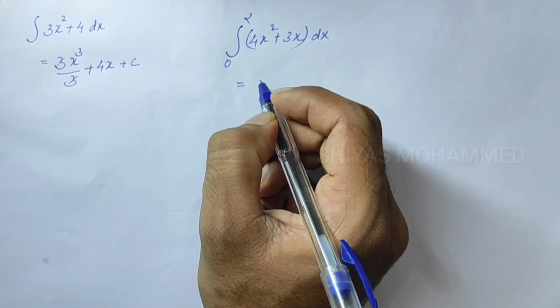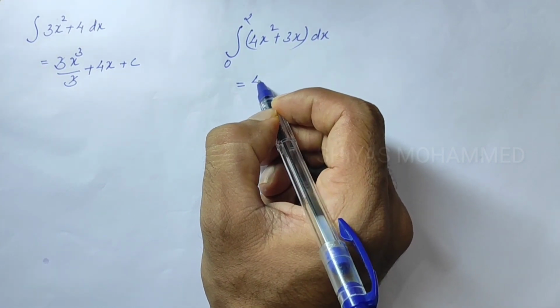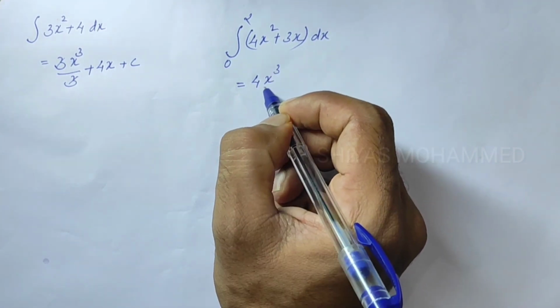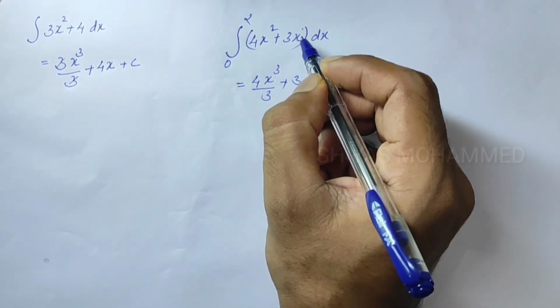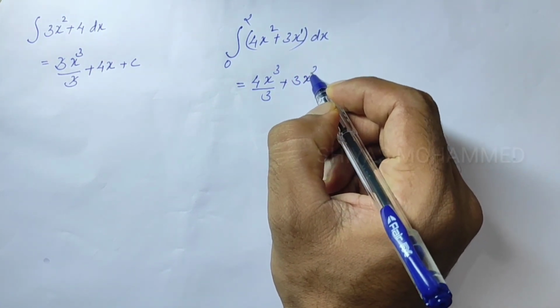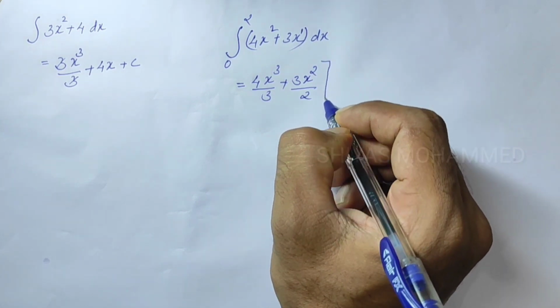First of all we integrate as such, with the same process. Here 4 is a constant, so we write 4. X square is there, so the integral will be x cube divided by 3, plus 3. We know that x means x to the power 1, so it will be x to the power 2 divided by 2.